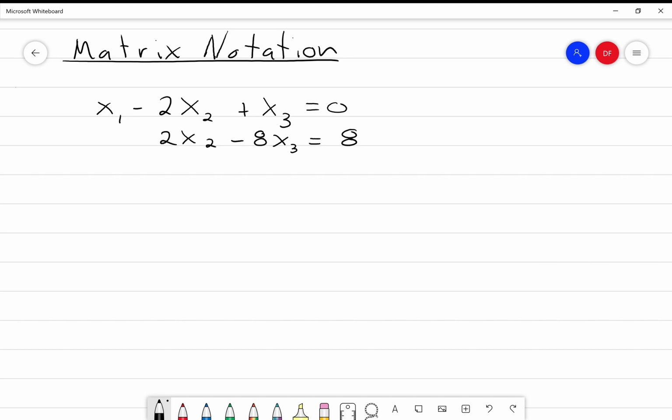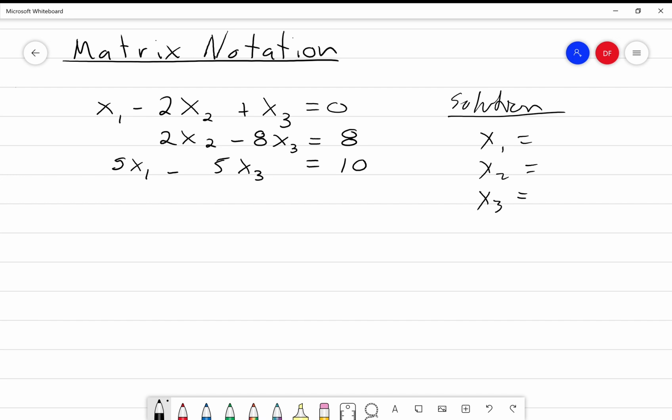And we also had 5x1 minus 5x3 equals 10. If you wanted to solve this system of linear equations, if you wanted to find a solution, the solution would look like this: x1 equals, x2 equals, and x3 equals.